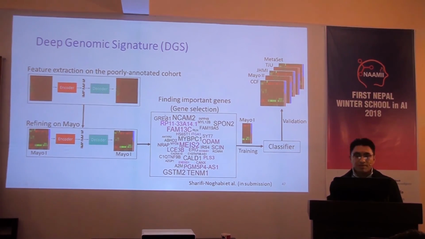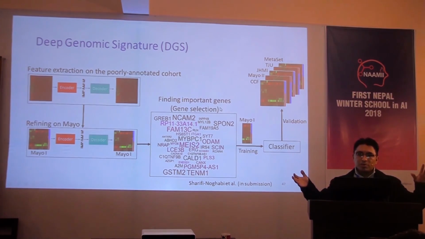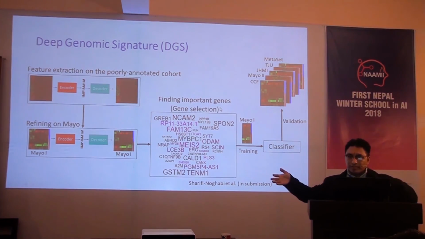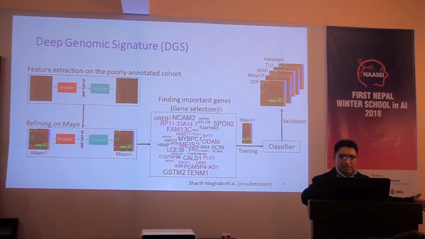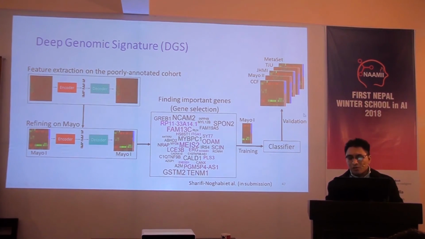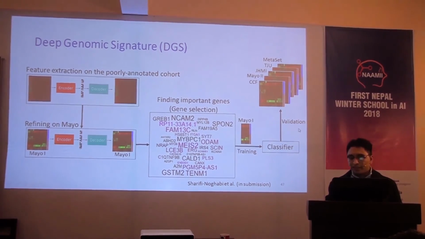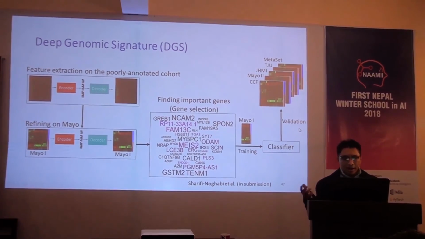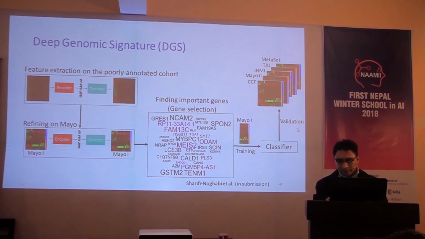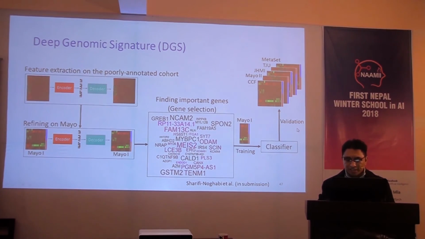These are all the names of the genes that distinguish between those patients which progressed to metastasis and those which did not. And then we validated our model in different other data sets. This is one of the interesting projects we did, and this is called the deep genomic signatures.